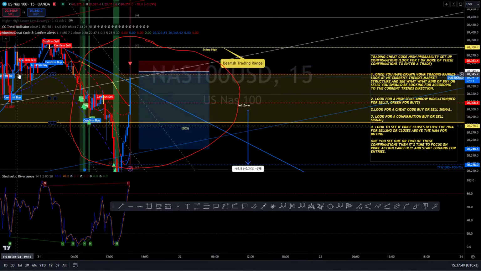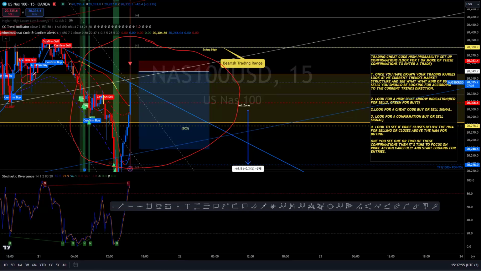So it looks like it might be rejecting this structure here.